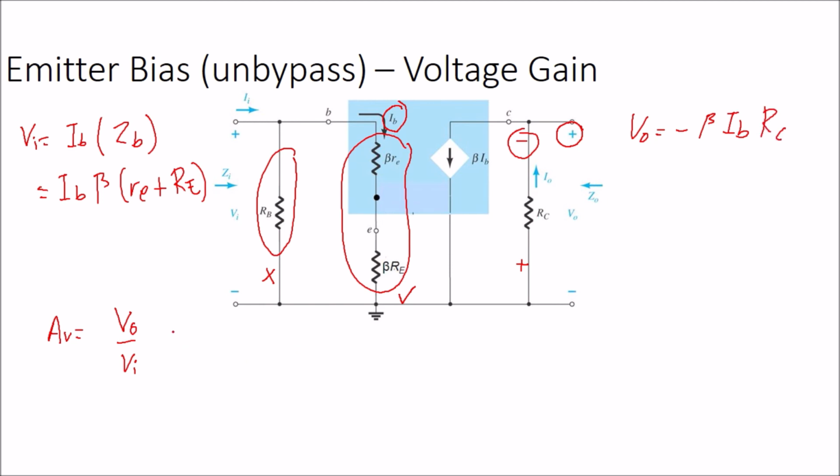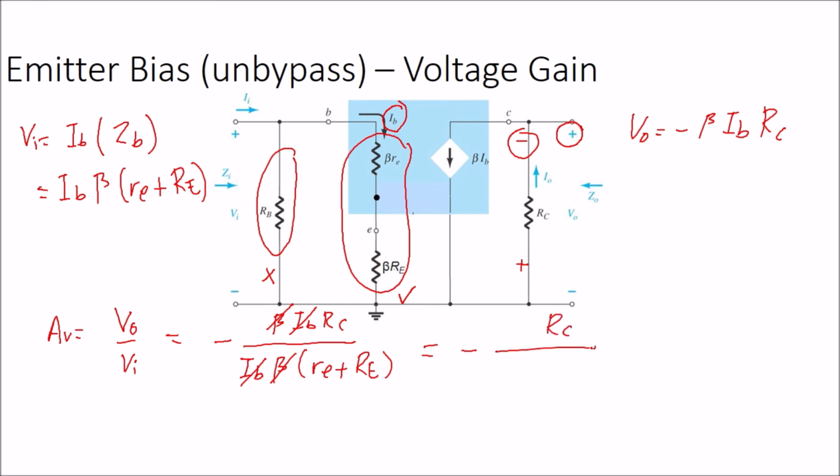So just substitute the value here, and I have beta IB times RC over IB times beta RE plus RE. Just cancel out the beta and also IB. So you're going to have the value of voltage gain equal to RC over RE plus RE.